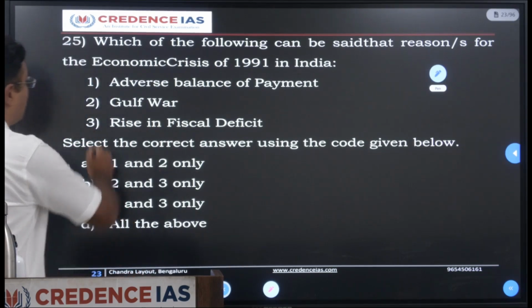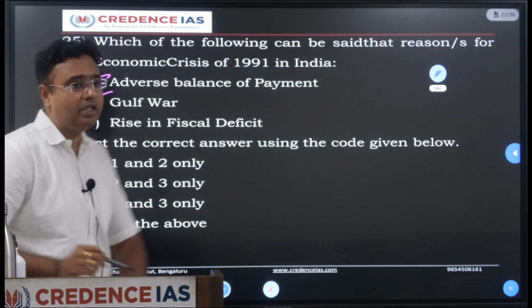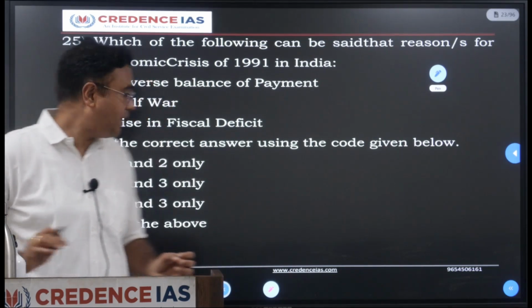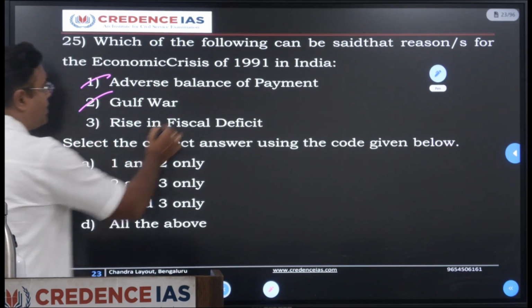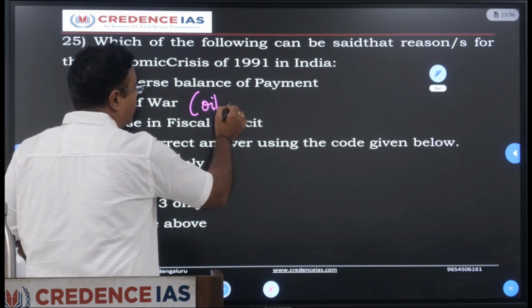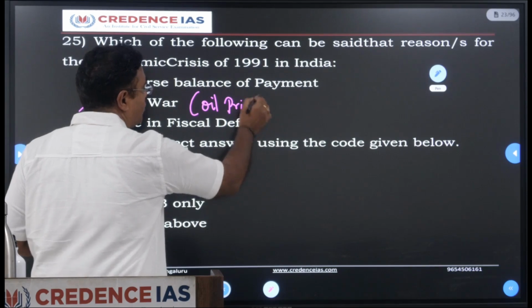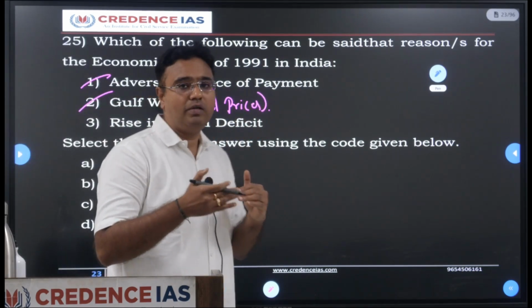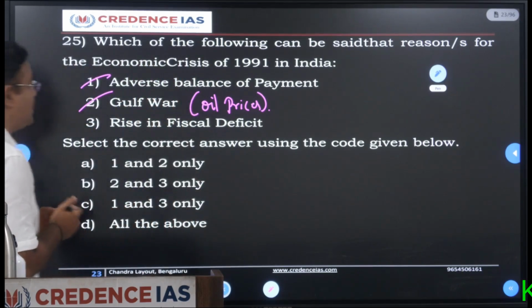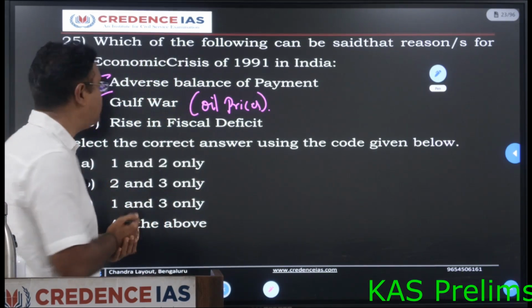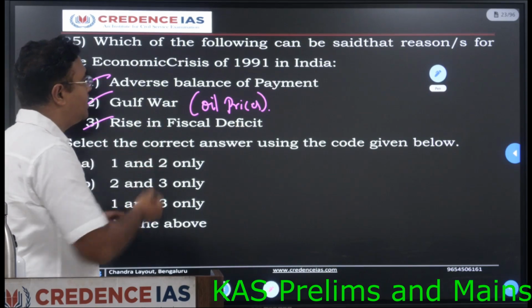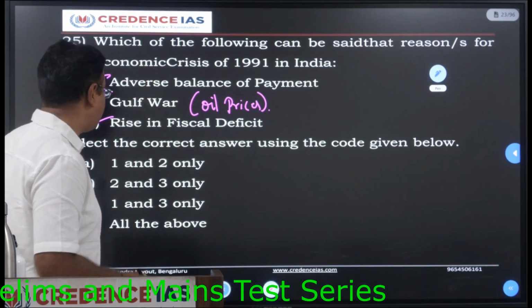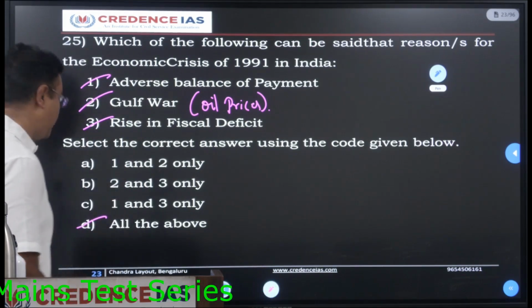Then the Gulf War, yes, the Gulf War also resulted in a sudden spike in oil prices, making us pay more to get the oil. For that our forex reserve dwindled. Then the rise in fiscal deficit, yes, definitely. So all these are the major aspects of the economic crisis of 1991.